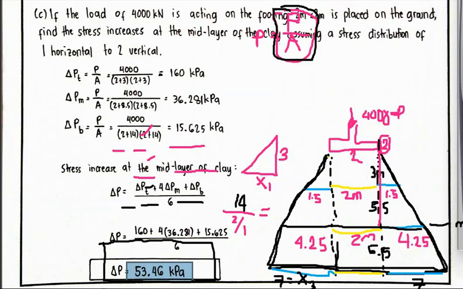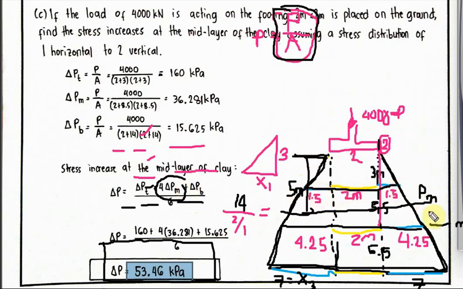From this point going down 5 meters, that layer is where we would find the pressure, which would be P sub M. Then the top, then the middle, then the bottom.